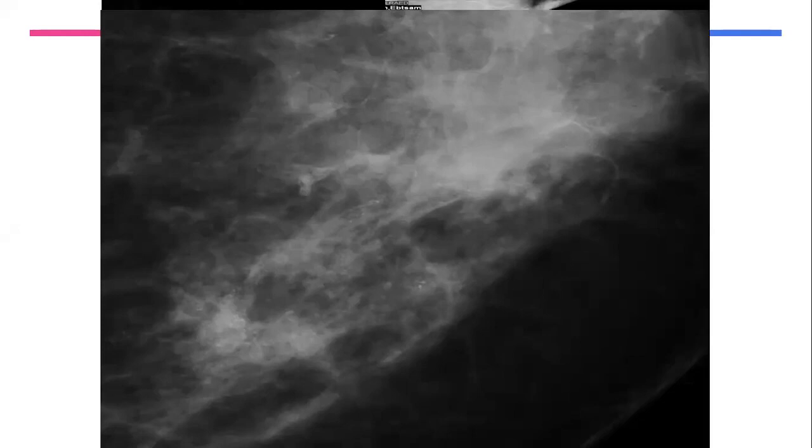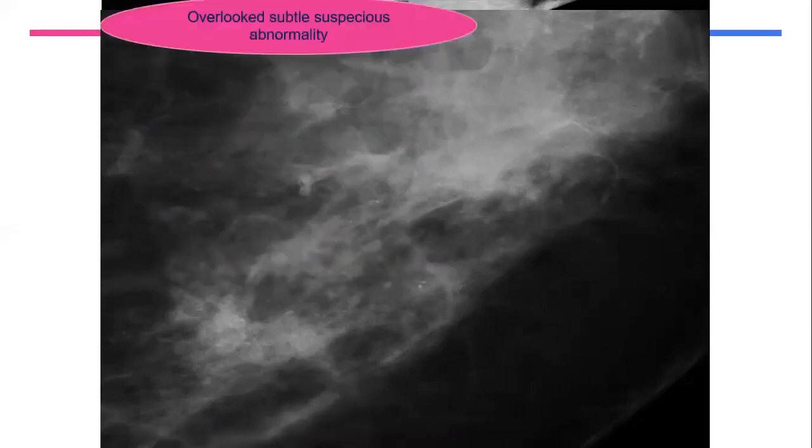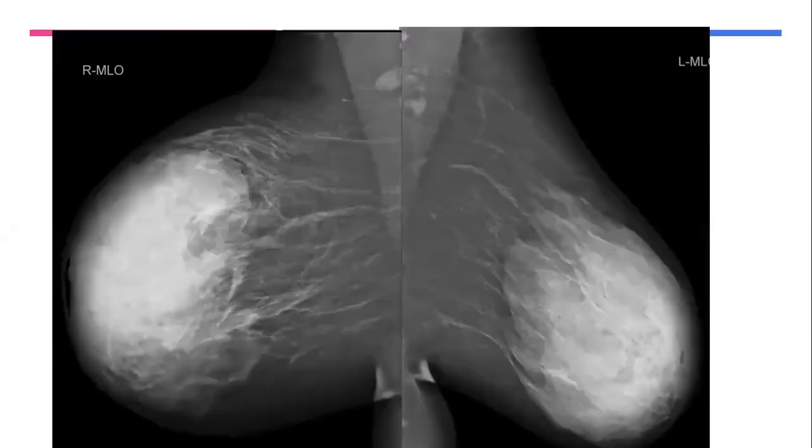See? This subtle suspicious abnormality was overlooked, but remember to use spot magnification and compression views to evaluate for subtle calcification.